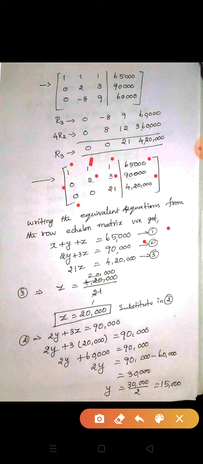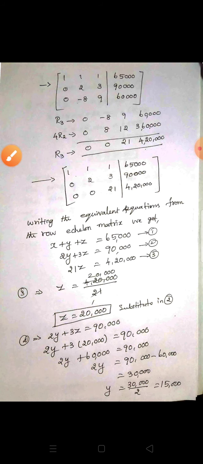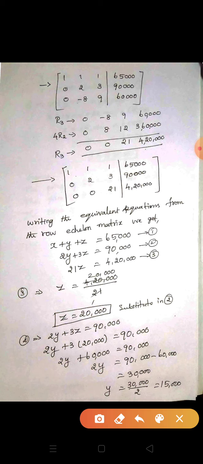Third, x coefficient 0, y coefficient 0, 21z equal to 4 lakh 20,000. Now from the third we get z equal to 20,000. Substitute in the second equation: 2y plus 3z equals 90,000, with z value 20,000.